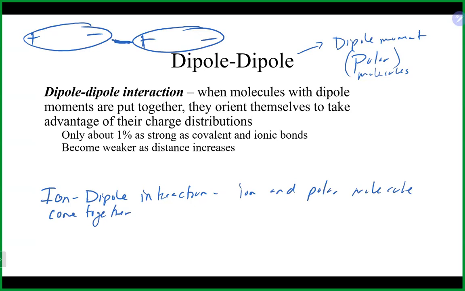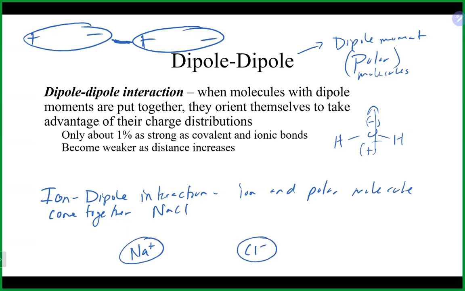Water is polar, where the oxygen side is more negative and the hydrogen side is more positive. Again, it has a dipole moment heading in that direction, represented by the same arrow that we used when we talked about bonding. So when we put something like sodium chloride in with water, the sodium ion and the chloride ion are attracted to water's different sides.